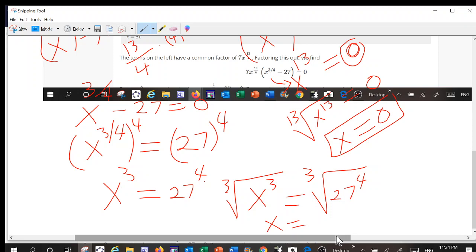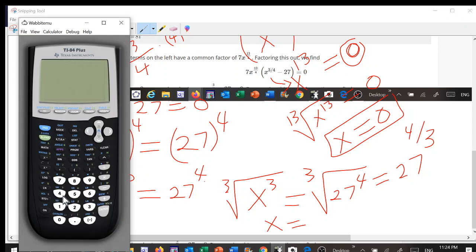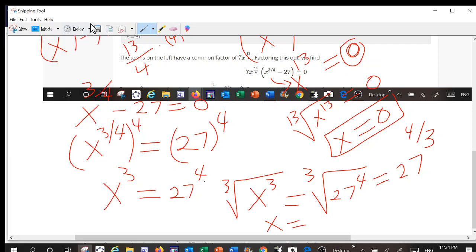Well, the 3rd root of 27 to the 4th is really 27 to the 4/3 power. That's what that is. Now, what is 27 to the 4/3 power? Well, we can use a calculator. 27 to the power of 4/3. That's 81, right?